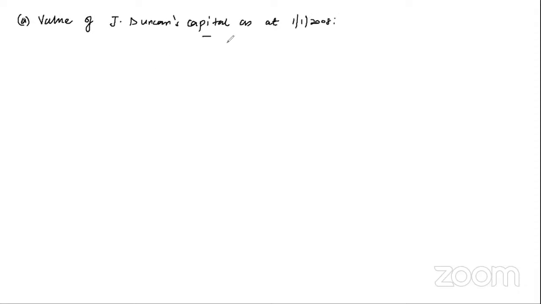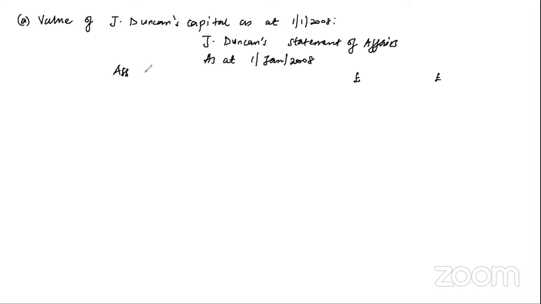So I'll say J. Duncan's statement of affairs as at 1st January 2008. So we have pounds. I will maintain the pounds. We'll list our assets and just list the assets. Let us classify.